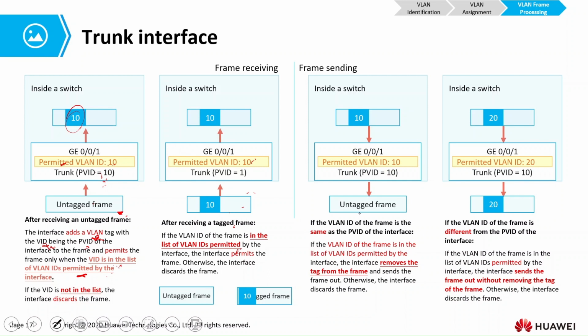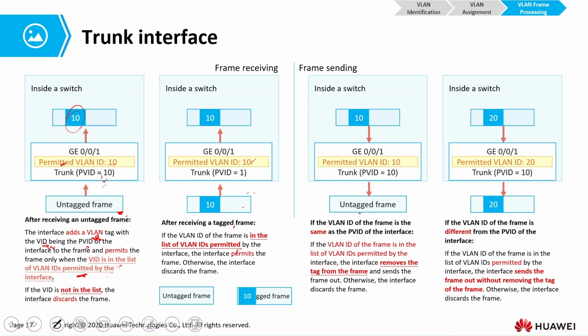Okay, so now we apply the whole scenario. For example, here you have two switches. PC1 you assign to VLAN 10. PC3 you assign to VLAN 10. PC2 you assign to VLAN 20 and PC4 to VLAN 20.